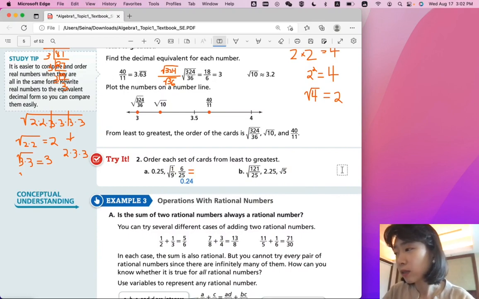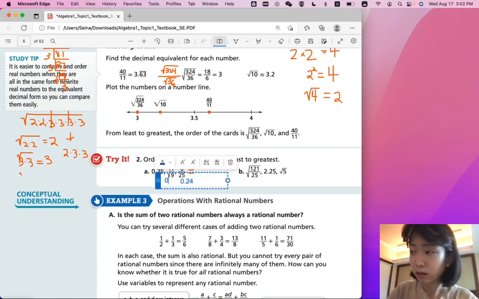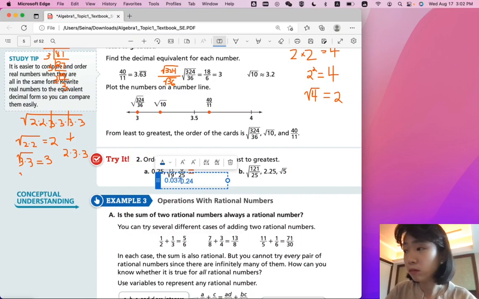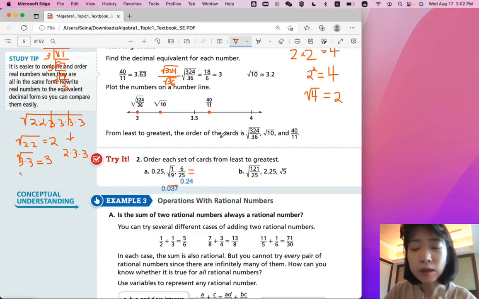And 1 over 9 is 0.11, but if you take the square root of that, you get 0.037 with the 7 repeating. Okay, and 0.25 is 0.25.